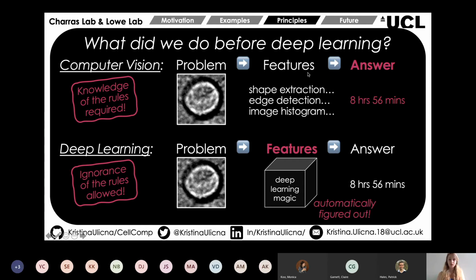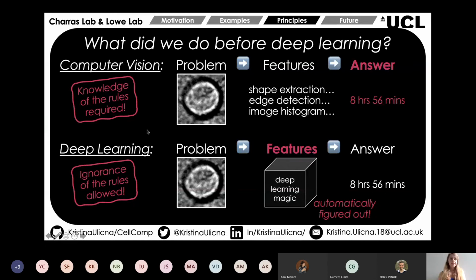Once I build those features from my previous hypotheses of what is important in determining cell cycle control and duration, then I can ask the computer to provide the answers. So what is very important here is that knowledge of the rules and the features, of what is important in that image, is something I need to use for computer vision.